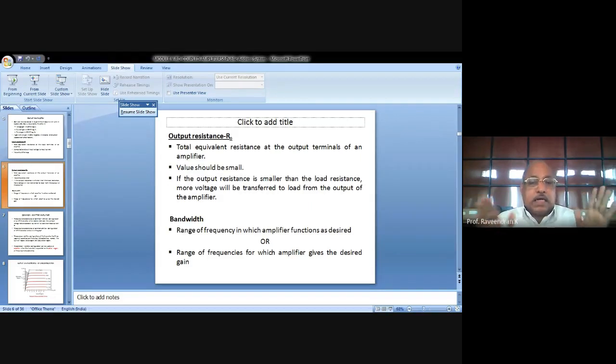This active region is the region which is very commonly used for amplification purposes. The main purpose of the active region of a common emitter configuration is amplification. That is why common emitter configuration is very widely known as common emitter amplifier.